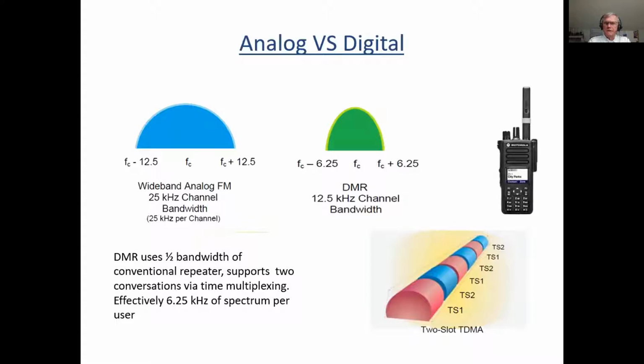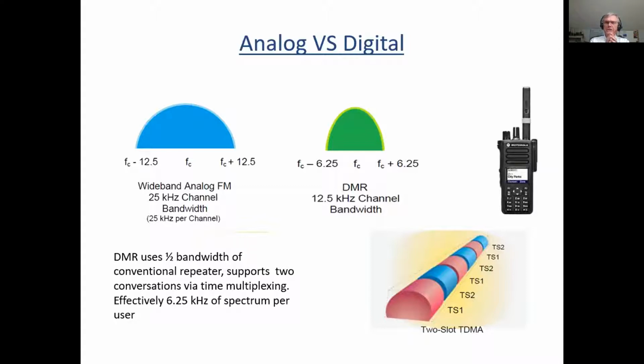Okay, let's look a little bit at what I just said. On this side over here, you have a typical FM modulated carrier for amateur radio. It's 25 kilohertz wide per channel, and you can have one conversation. When we go to DMR, it's actually 12.5 kilohertz wide, which is half the amount of space.